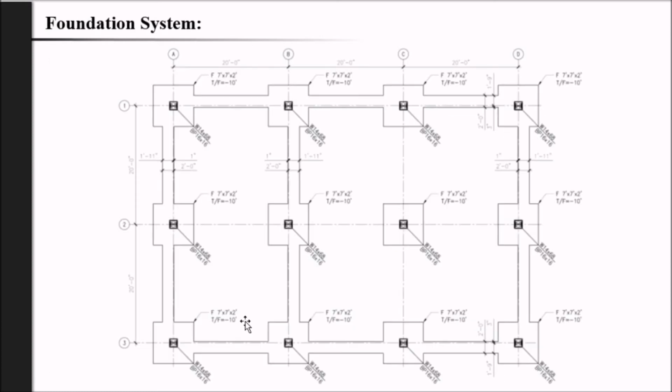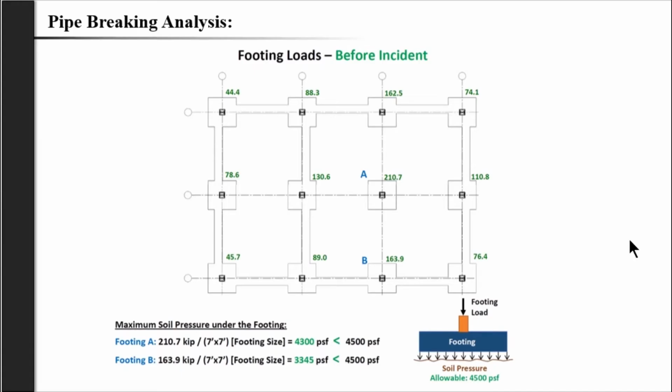Footing loads are the portion of the building loads which are transmitted into the soil from the connected structure through the footing. To analyze the footing loads, we use the finite element analysis software as we did for the building deflection mode. In this slide, you have seen the analysis result before the incident. Under this condition, column A and column B have higher loads in the building. Under column A, we have 210.7 kilo-pounds of force, and under column B, we have 163.9 kilo-pounds of force as the footing loads.